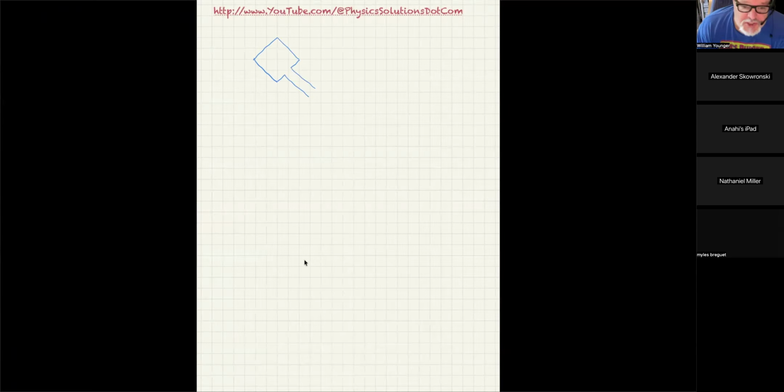And what we're imagining in this scenario is that this is actually wrapped around a circular armature like this, and this is also around a circular armature like that.